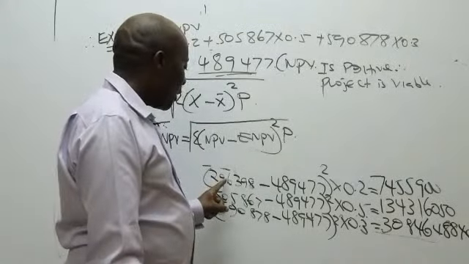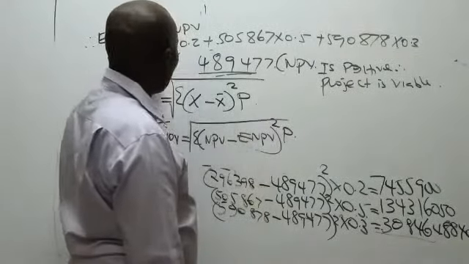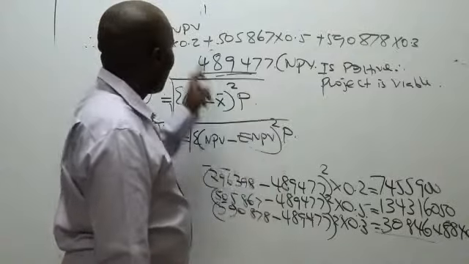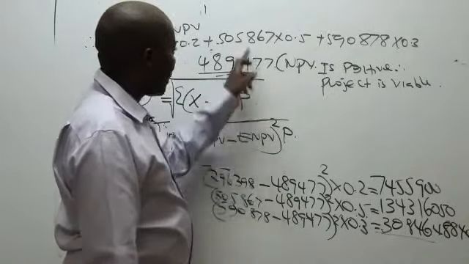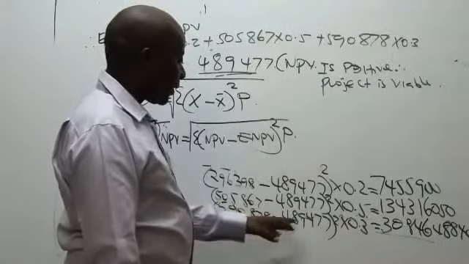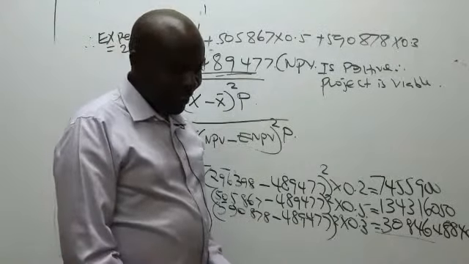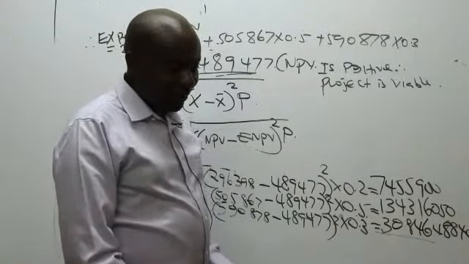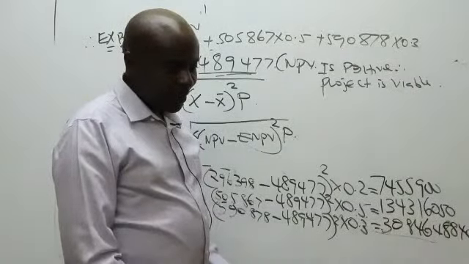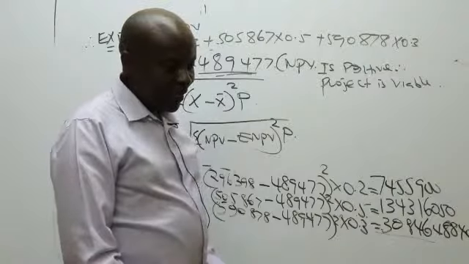Why do you not take 296, 398 minus expected NPV for the first one, and for the second one you put expected net present value for the second one, and the third one, expected net present value for the third one? Can somebody help me answer that question?